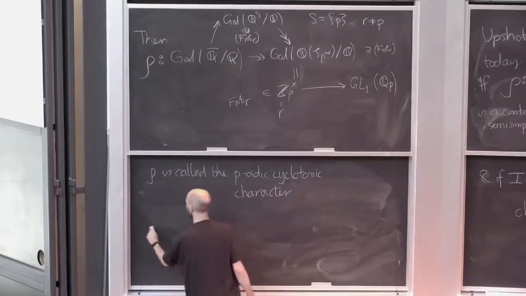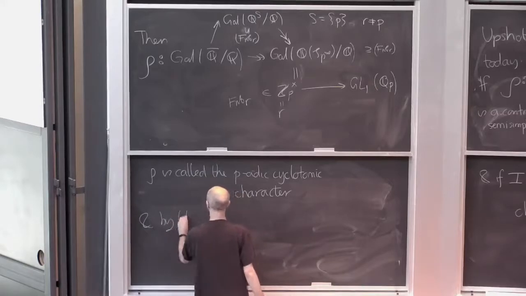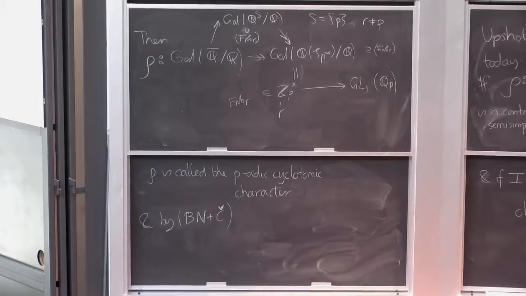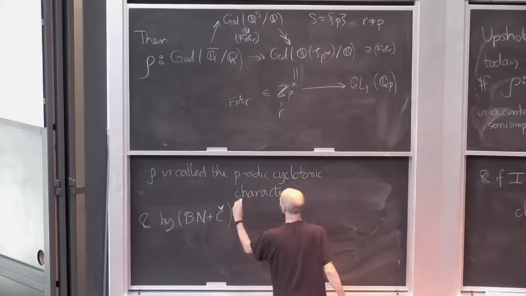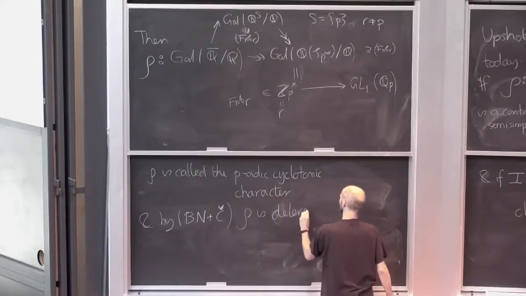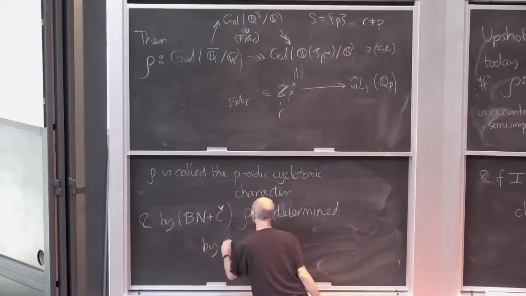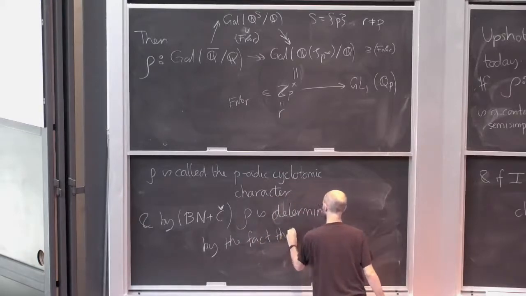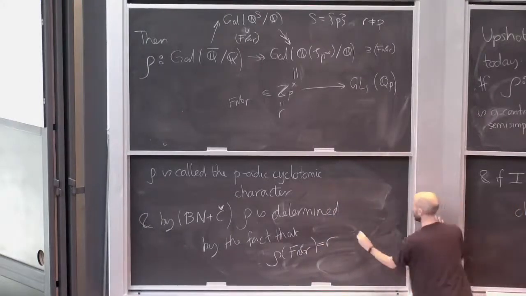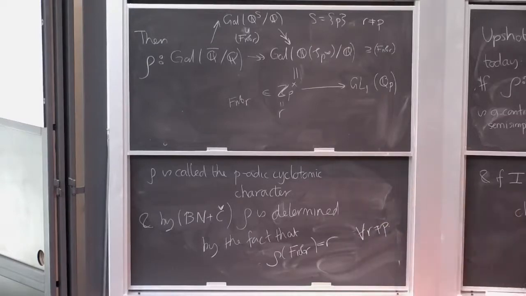And by Brauer, Nesbitt and Chebotarev, this rho is determined by the fact that rho of Frob R equals R, for all primes R not P.